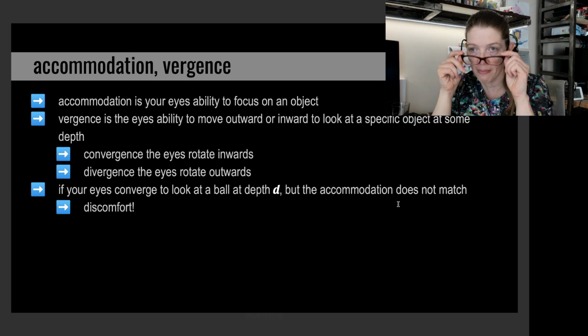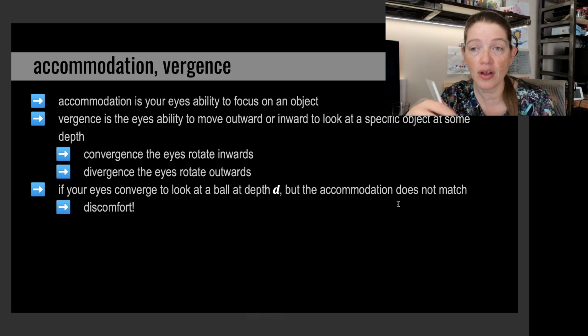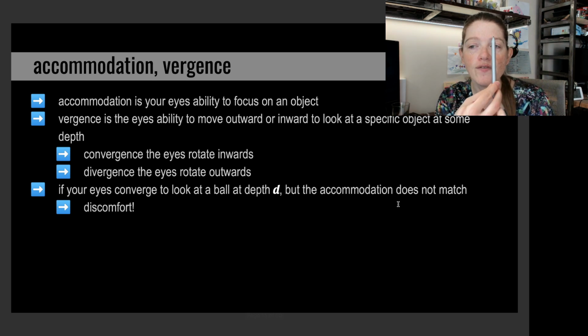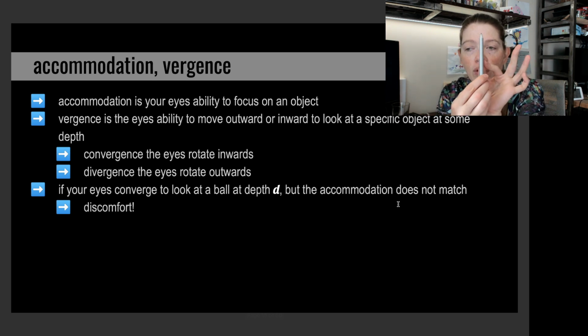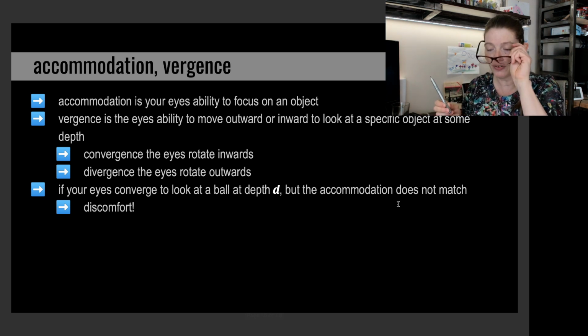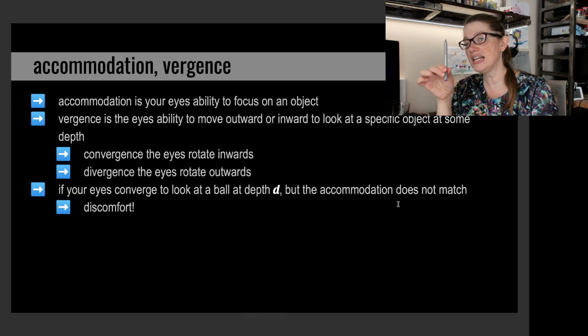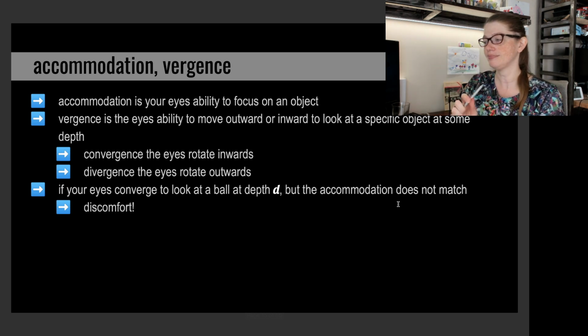But I'll explain why in a minute. If you watch my eyes, even though this is a bad example, if I move this pen and I focus on this pen, you should see my eyes move inward to converge and focus on this pen. Together, accommodation and divergence are your ability to focus on an object at a particular depth.